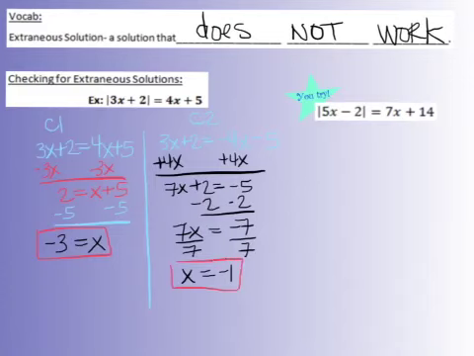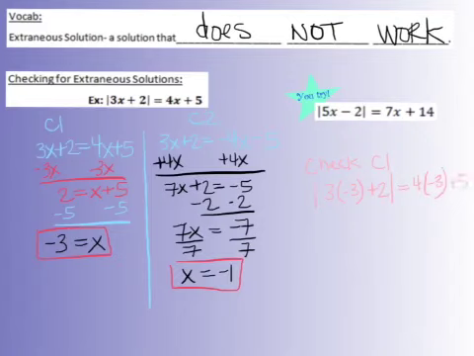So now I'm going to plug them back into the original. So checking, let me change colors here. So I'm going to check case 1. So I have absolute value 3 times negative 3 plus 2, absolute value, is equal to 4 times negative 3 plus 5.